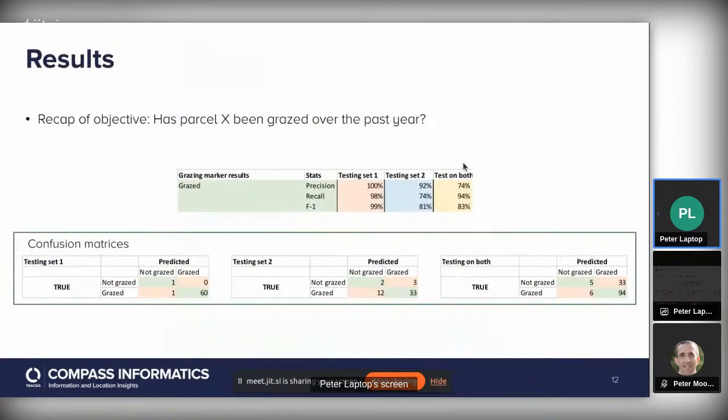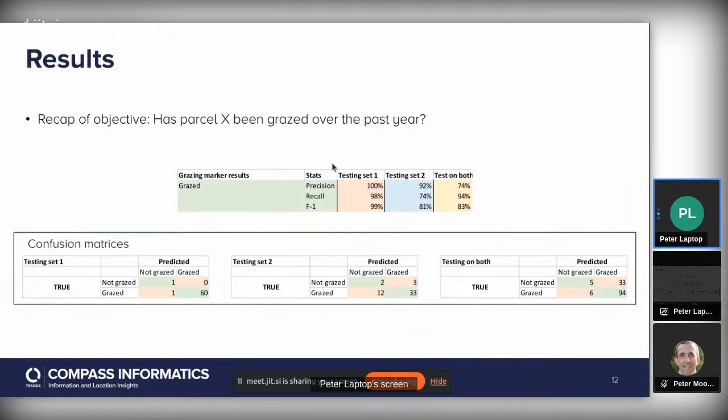If you look at only those results, you get these statistics, tested on different testing sets. Testing set 1 had the same type of grazing observations as the training set, which resulted in very high precision, recall and F1. Testing set 2 included not only intensive grazing, but also extensive grazing cases on different types of grassland pastures.